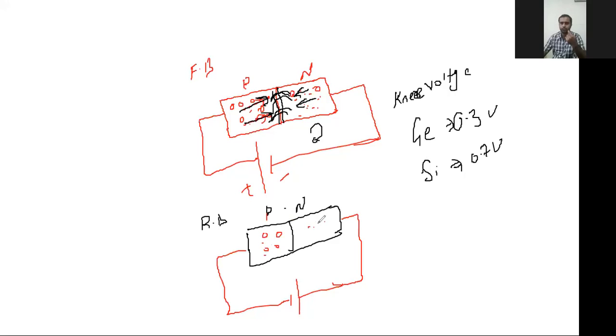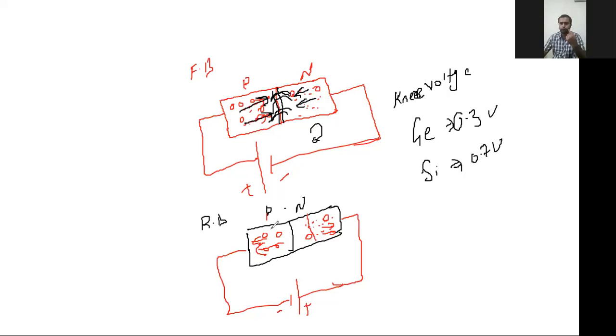Same in N-type semiconductor, majority are electrons and minority are holes. This is the negative terminal of the battery and holes are positively charged, so the holes are attracted toward the negative terminal and apply force on the outer side. Same as this, this is the positive terminal of the battery and electrons are negatively charged, so it applies force on the outer side.